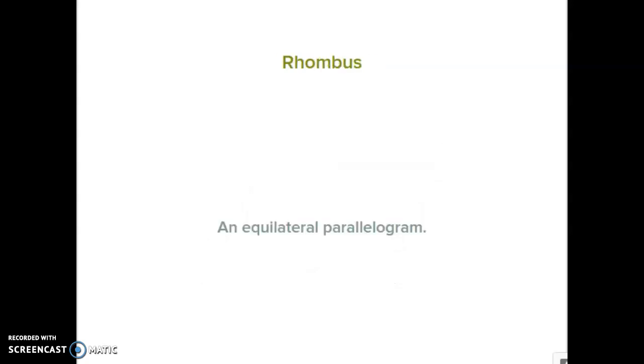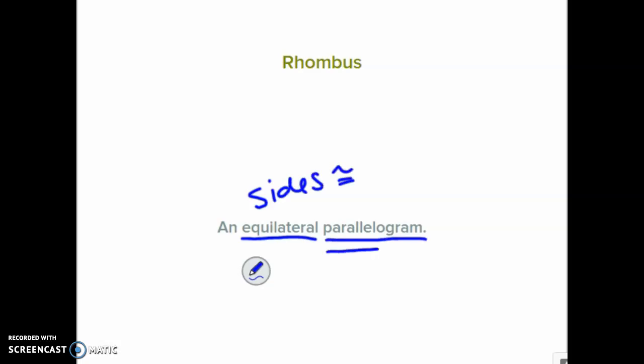A rhombus. Okay, so if you remember, we talked about what equilateral means. Okay, anybody have any guesses on equilateral? Okay, that's when all of the sides are congruent. Okay, and it's an equilateral parallelogram, which means it has 2 sets of parallel sides.